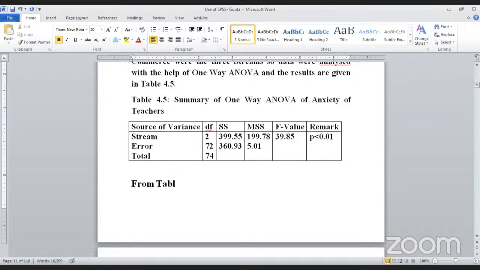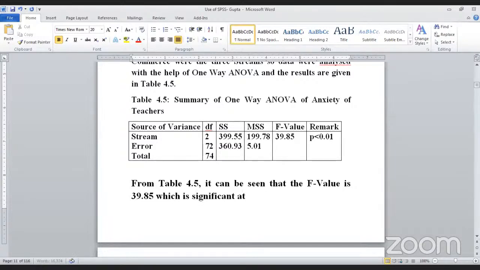From table 4.5, it can be seen that the F value is 39.85, which is significant at 0.01 level with df equal to, there are 2 degrees of freedom which you have to mention.